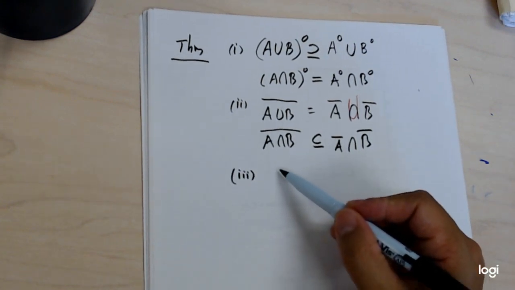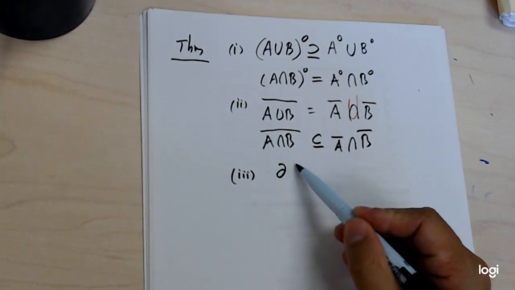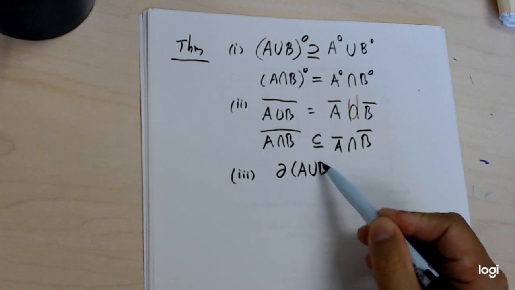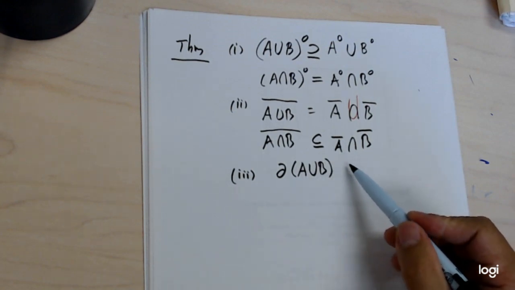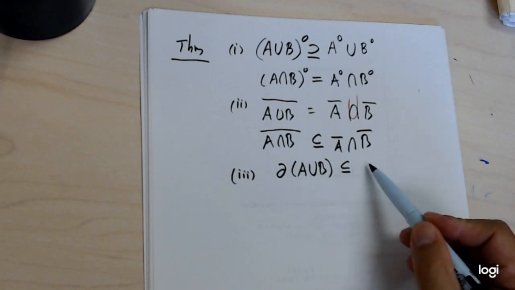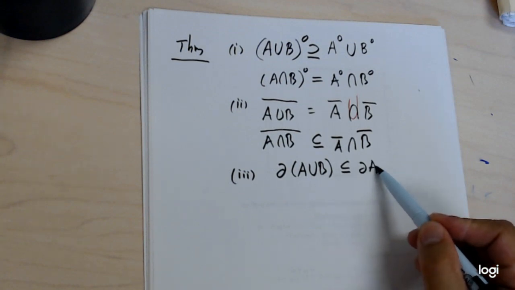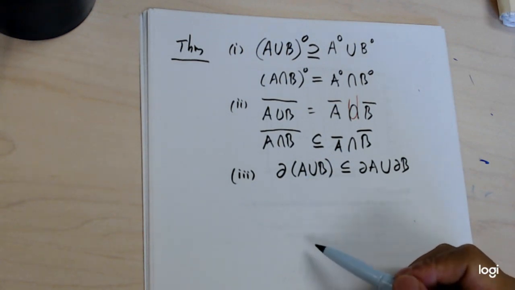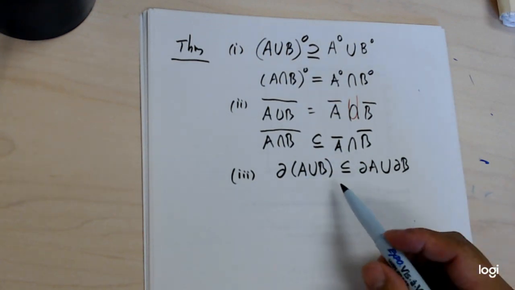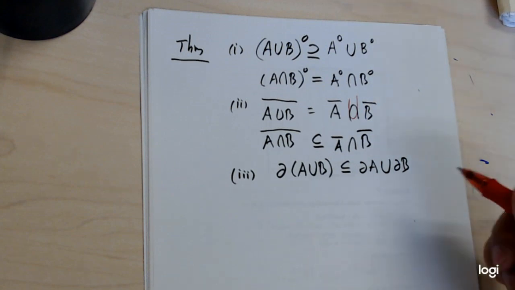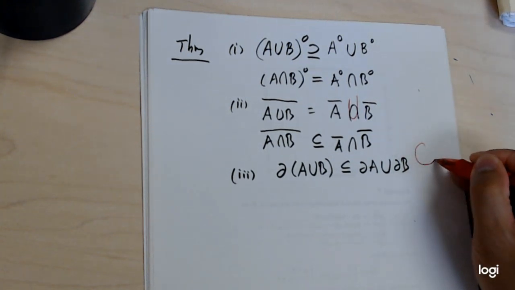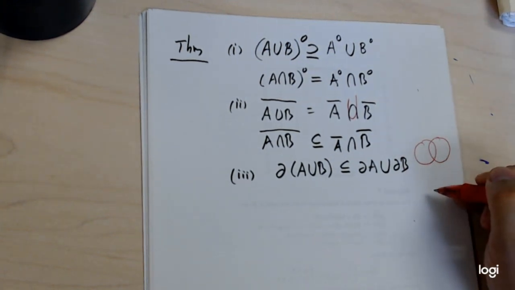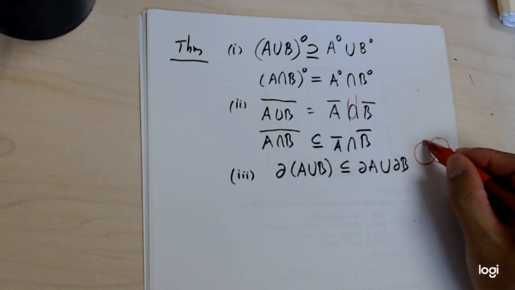Number 3, the boundary of A union B is a subset of the boundary of A combined with the boundary of B. It's a subset, and this is a little bit trivial. If you consider those two sets, this is A and this is B. The boundary of A and this is the boundary of B. So basically, you're talking about those two circles.